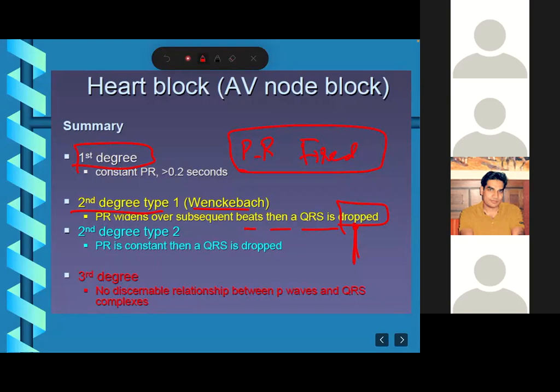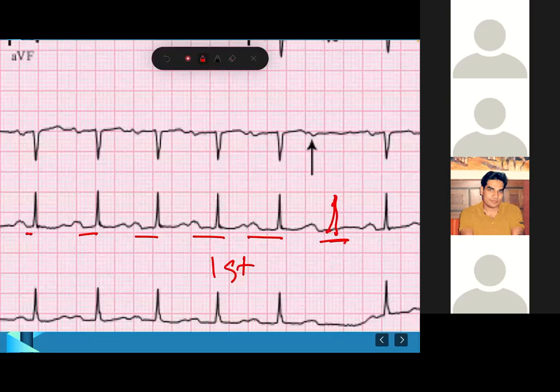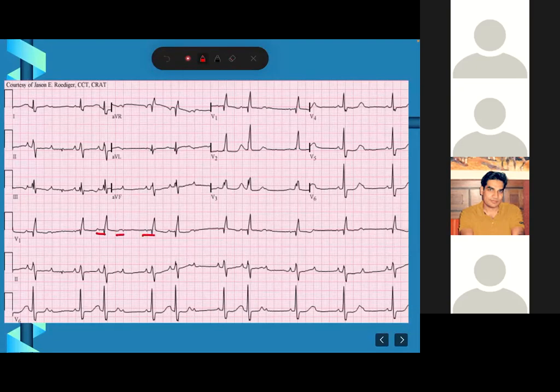Then comes the second degree type 2. In second degree type 2, the PR interval is fixed, but there is a missed beat after every 1 or 2. Like this, the P wave is there, the QRS complex is there, P wave is there, but no QRS complex.